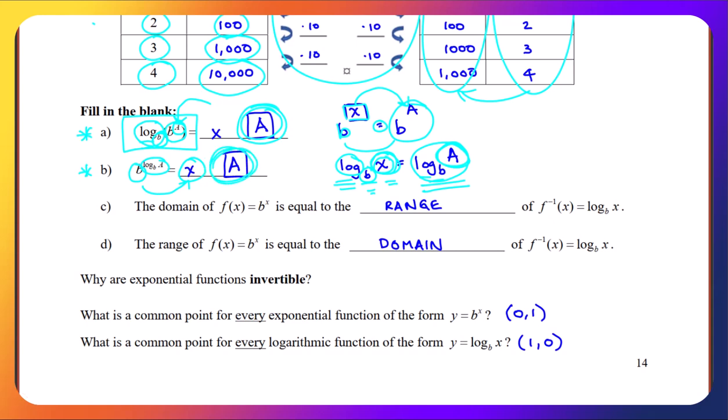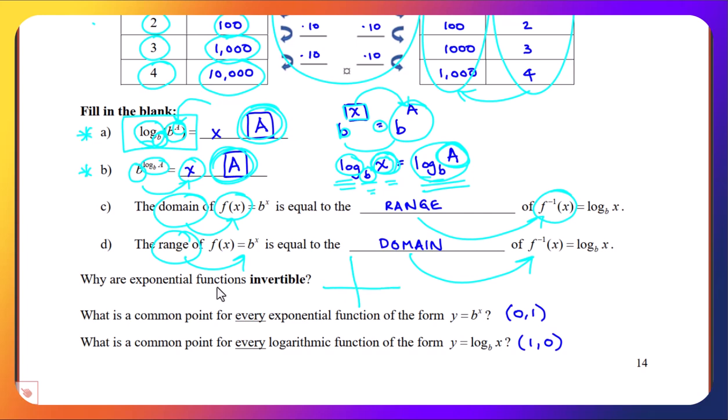And then obviously, if we have a function and we have the inverse, the domain of the function becomes the range of the inverse, and the range of the original function is the domain of the inverse. Inverse functions don't change at all. If we look at an example of a typical exponential function, either this one or this one or the other, they all pass the horizontal line test.